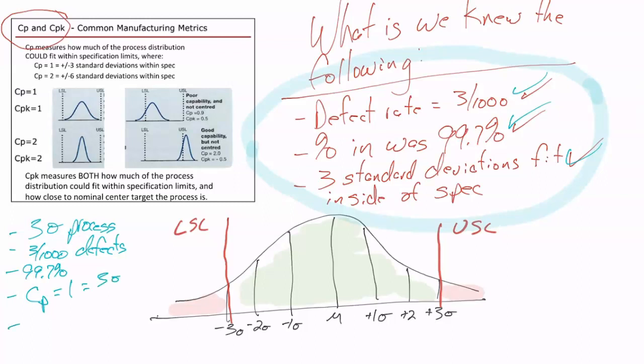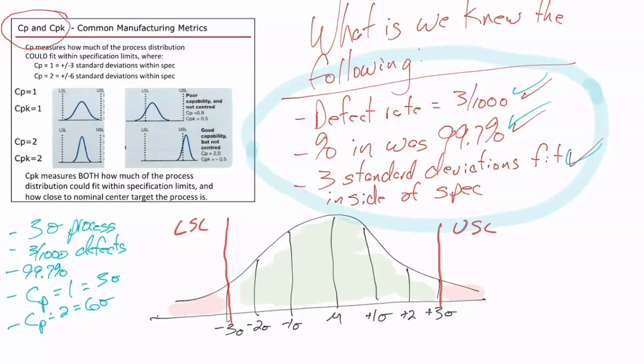If we drew a different process in which we had not 3 standard deviations that fit within spec, but 6 standard deviations that fit within spec, we'd call that a 6 sigma process. The CP value for a 6 sigma process is 2. CP equal to 2 is equal to a 6 sigma process.